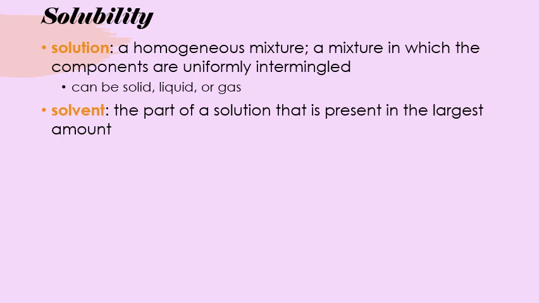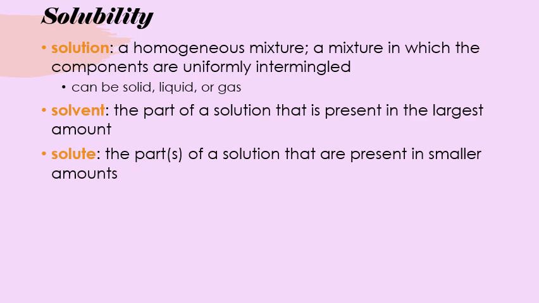The solvent is the part of a solution that is present in the largest amount. It's the biggest part of that mixture; a majority of the mixture is made up of the solvent. The rest is made up of what we call the solute. The solute is the part or parts, since you can have more than one solute present, that is present in smaller amounts.